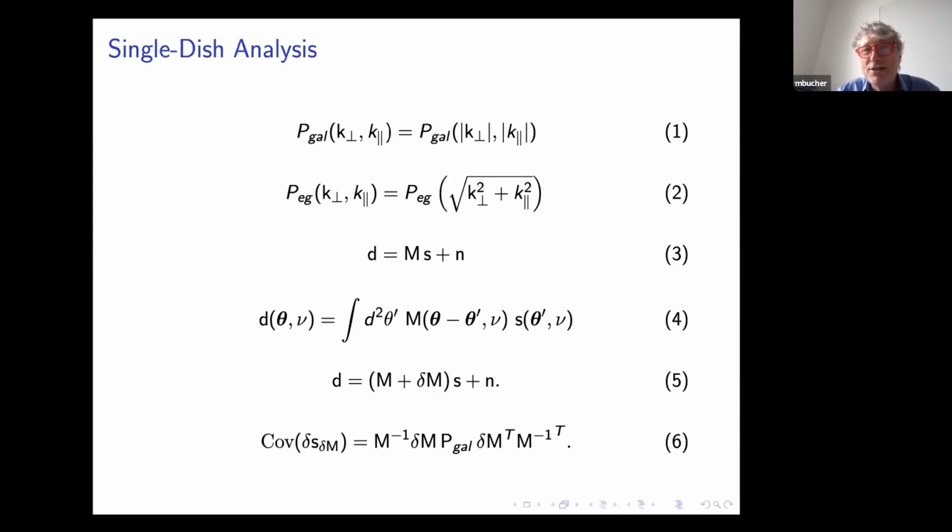So there is a sort of smoothness in frequency, and that's reflected in K parallel. Appropriately defined and rescaled, there would only be power at K parallel equal to 0.